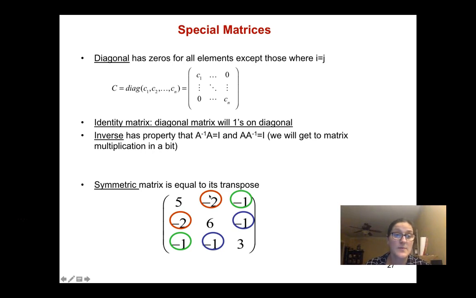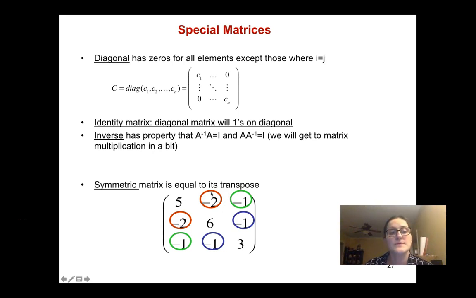So I'm going to have equal elements, sort of like a mirror image. This is my diagonal, 5, 6, 3 are the diagonal elements. As I look across that diagonal, I'm going to see the same elements. So my element 2,1 is the same as element 1,2. By element 2,1, I'm referring to the element in the second row and first column.